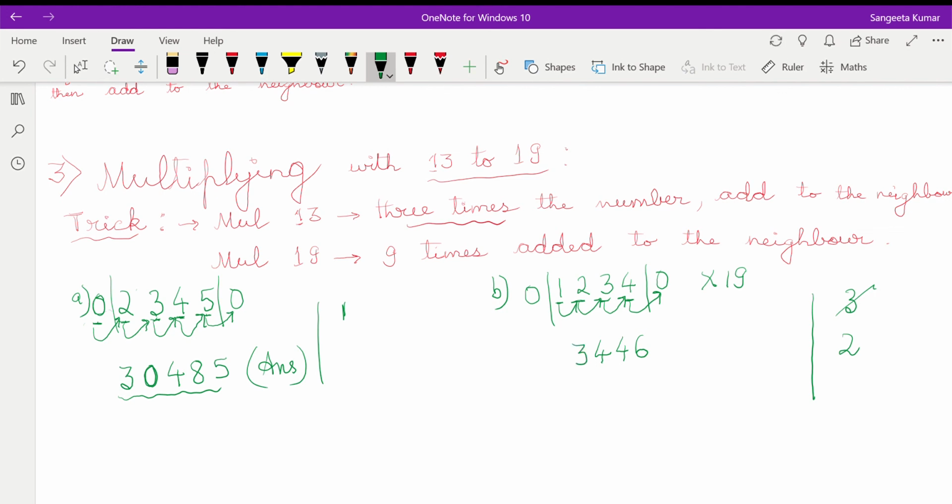So we write here 3 and now 1 is in our hand. So we move on to the next. 0 into 9 is 0, plus 1 is 1, and 1 plus 1 is 2. So our final answer is 23446.